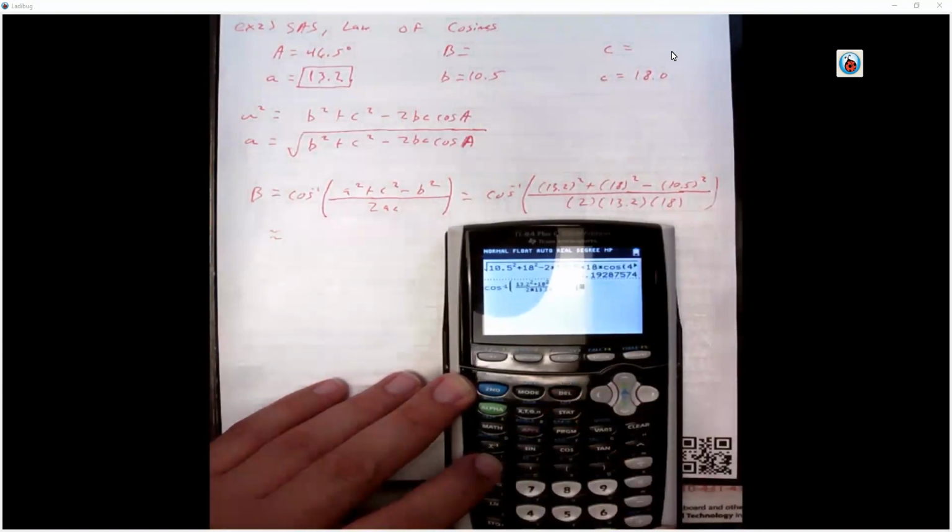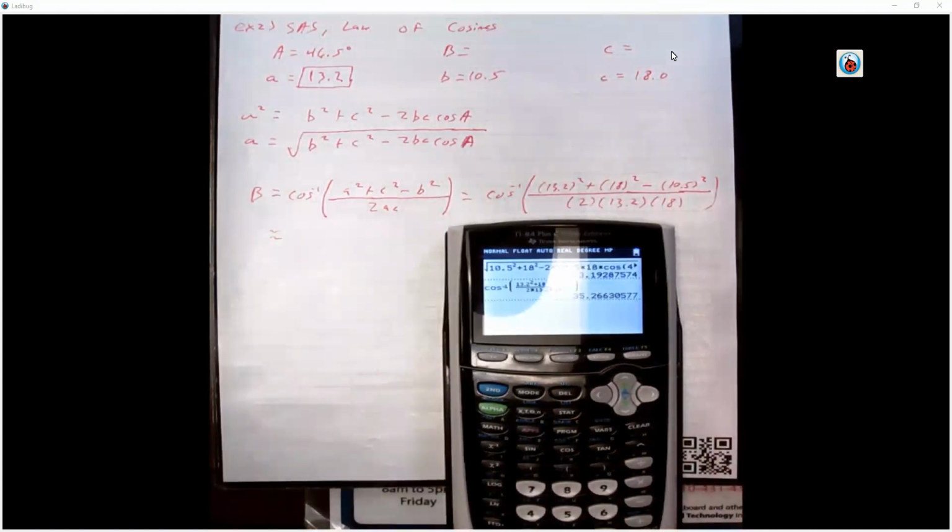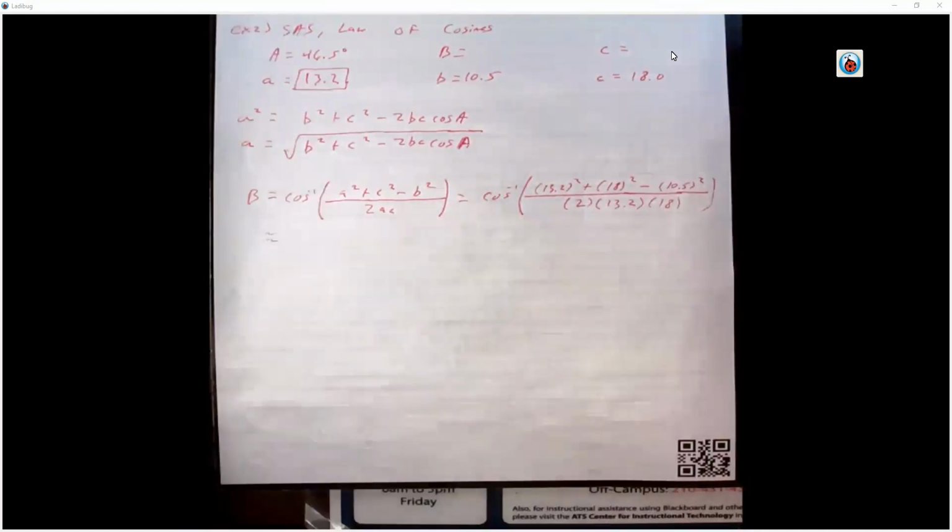Okay, it's all in there, hopefully got it right. 35.3 degrees. This has one decimal, so I'm going to stick to one decimal.